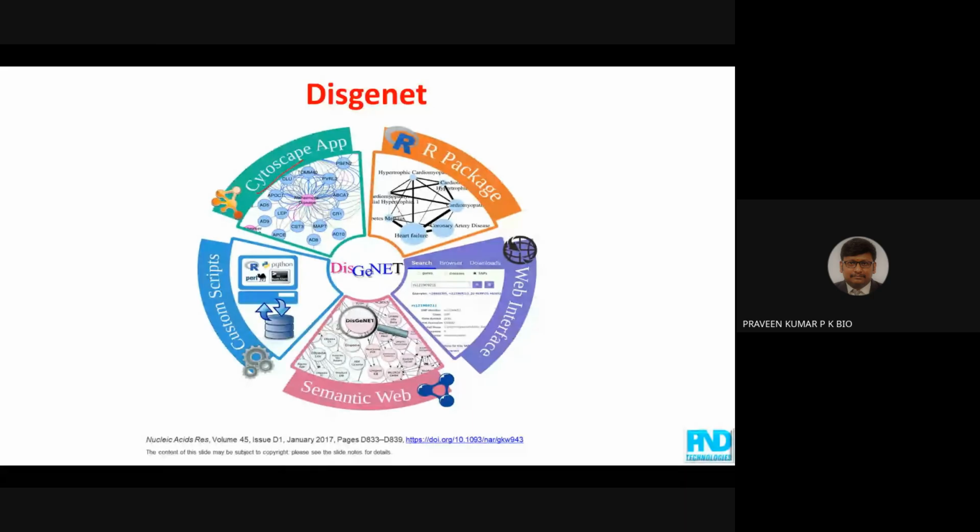Whatever networks we see in the STRING database and STITCH database can be generated from R. They can also be generated from MATLAB, and we can also use programming like Perl and Python. So we are not just using the networks, but also constructing them, and one should have this kind of knowledge. We can also associate with multiple diseases, where we can see pleiotropism, etc.